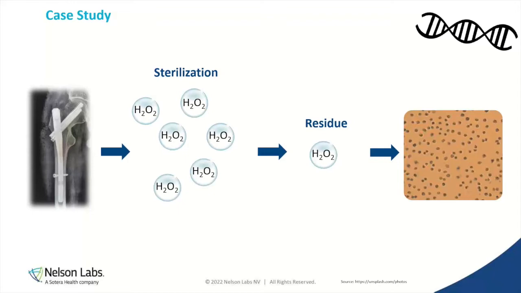So that tells us that the level that's left on the device may kill the cells in this test, but would not necessarily harm the patient. So we have to think about that from a patient safety perspective, but we need to understand the sterilization step used and consider that that could be impacting the results here. Hydrogen peroxide is a safe sterilization method, but we still have to think about what's left on that device and the exposure to the patients.